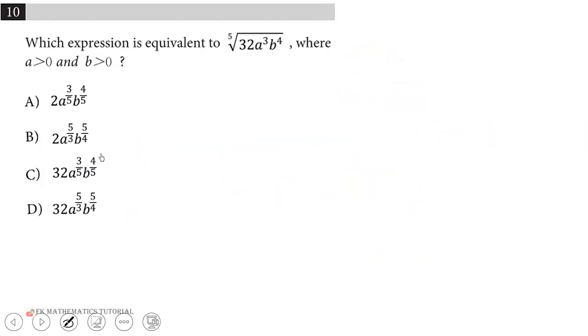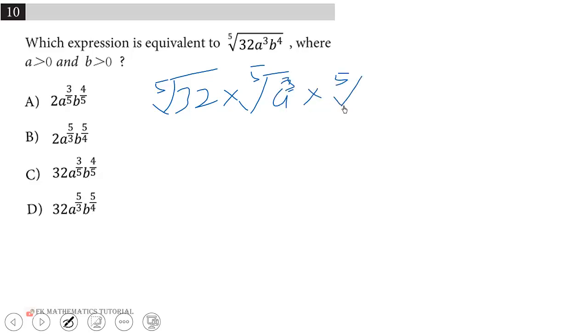Then we have: which expression is equivalent to this? So we know this thing is the same as the fifth root of 32 times the fifth root of a cubed times the fifth root of b to the power 4.